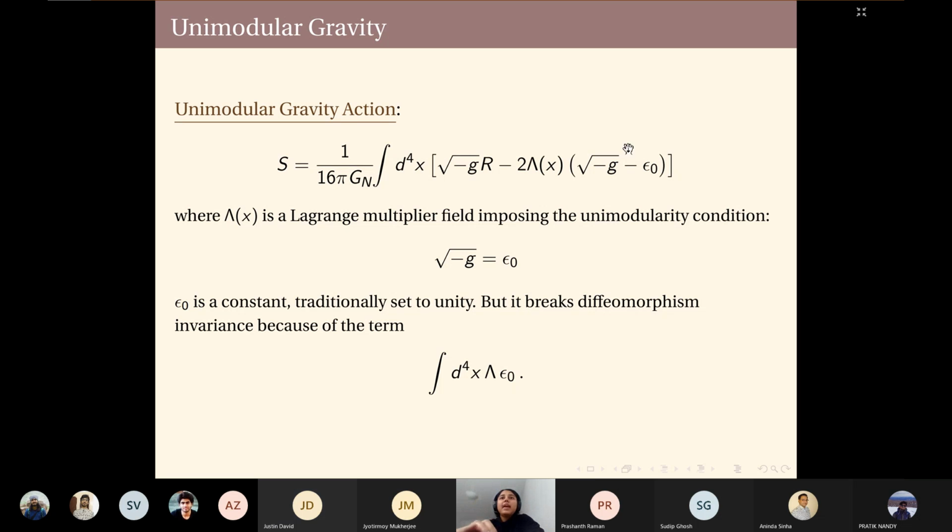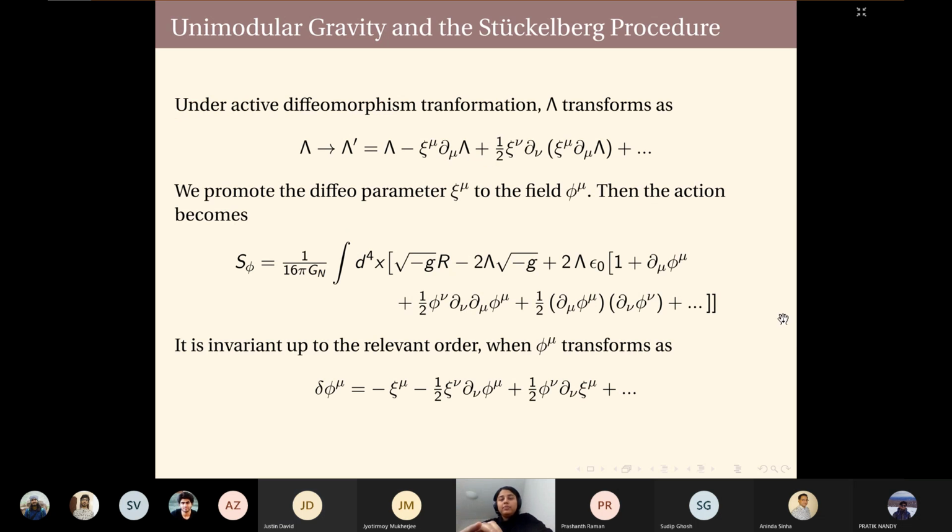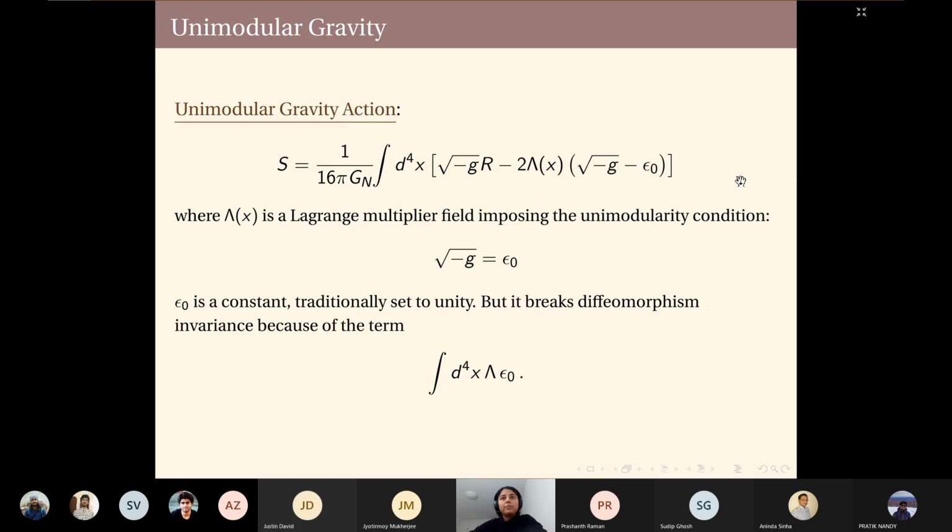No, this action is anyway not diffeomorphism invariant. When you find the full diffeomorphism invariant action, then that's equivalent to GR, to Einstein gravity. Oh, okay. So this theory is not equivalent to Einstein gravity. No, because this is not even diffeomorphism invariant.